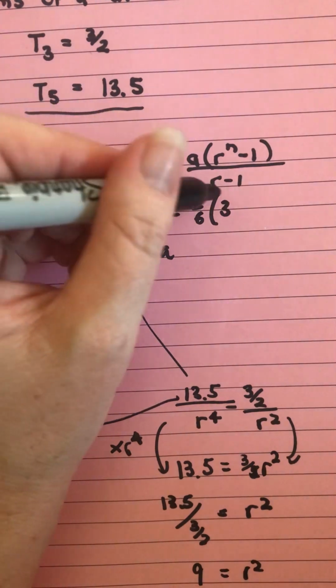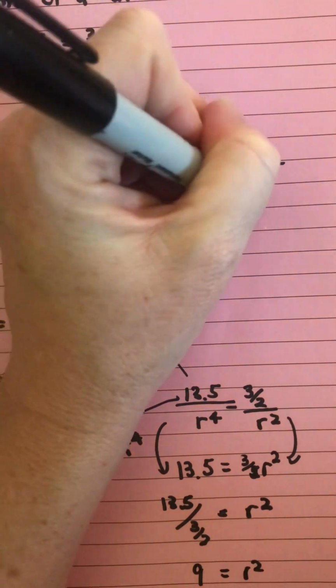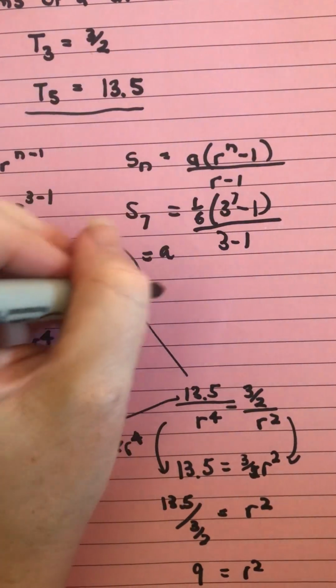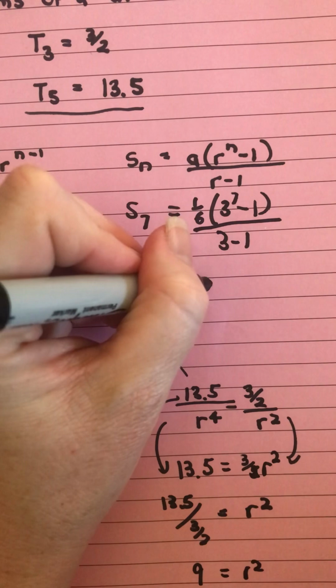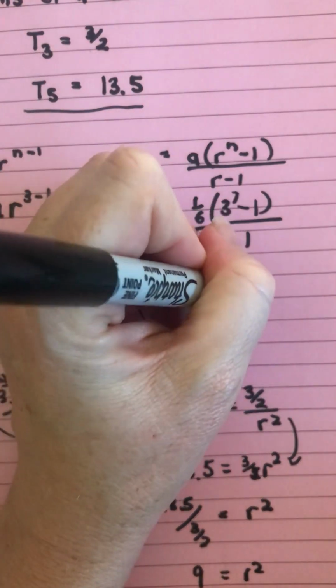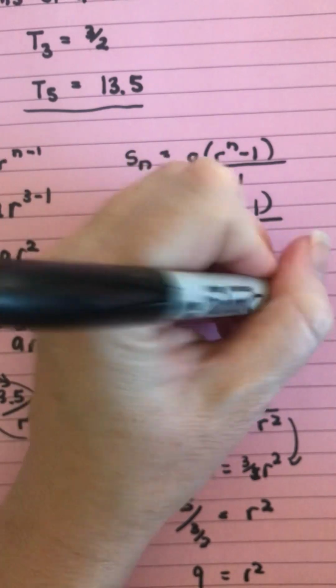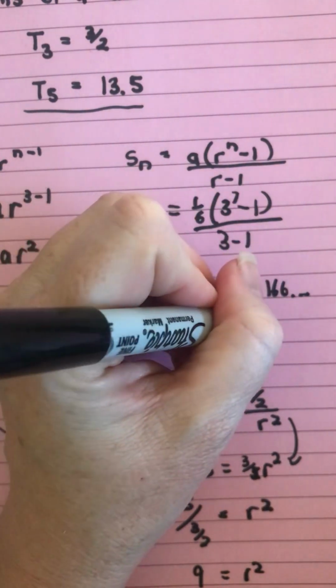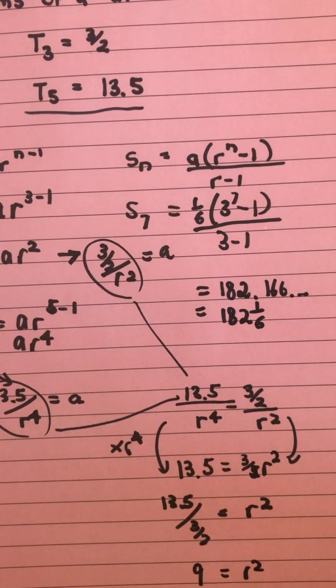So we've got S of 7, so that means we've got 3 to the power of 7, take away 1, over 3 take 1. So when we put that in, we will get an answer of 182.166, which we can change into the fraction form 182 and 1/6 when we pop that into our calculator.